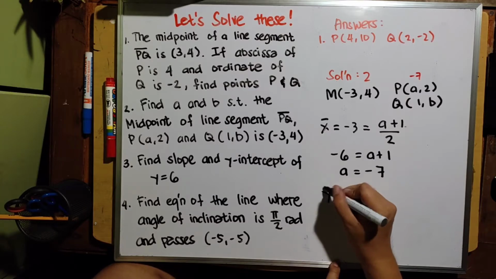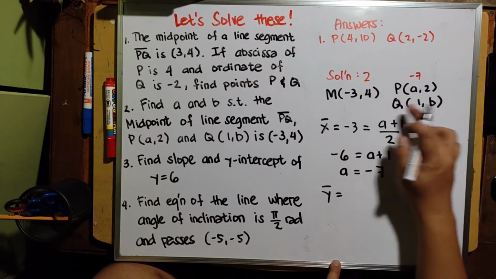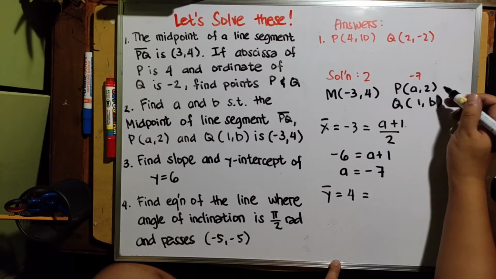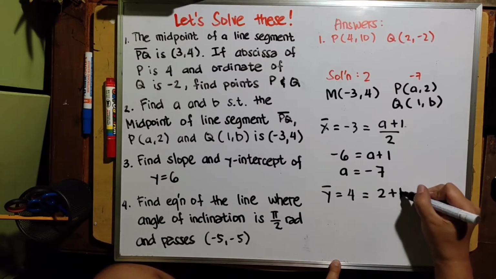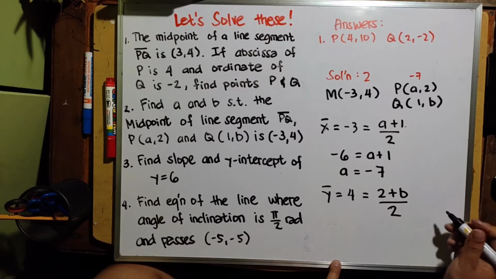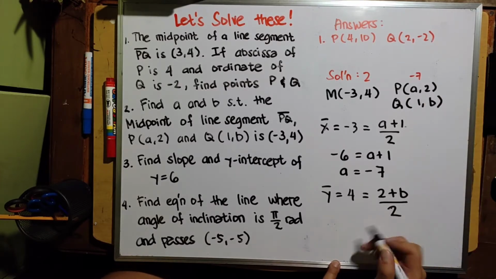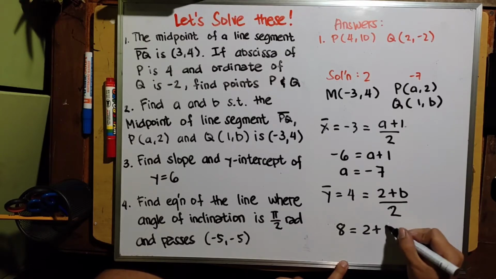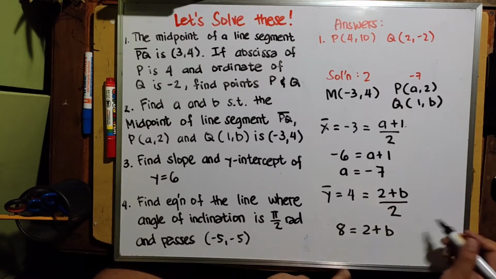Now y bar, solving for y bar, given that y bar is positive 4, which is 2 plus B over 2. Then rearranging, magiging 8 is 2 plus B. Ito, ilalagay natin dito.